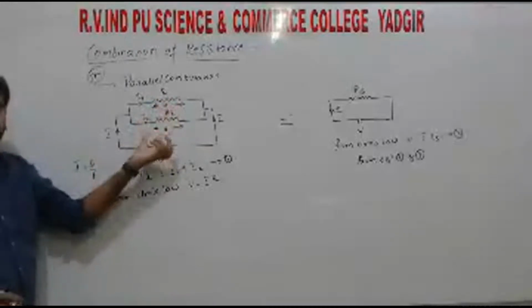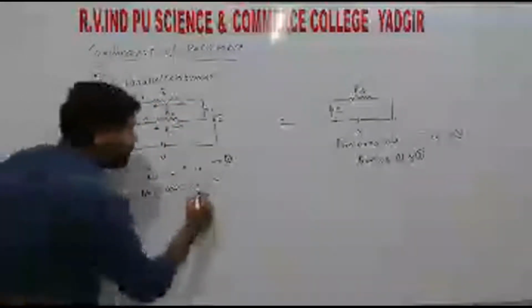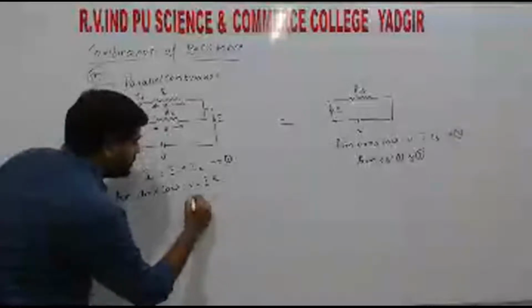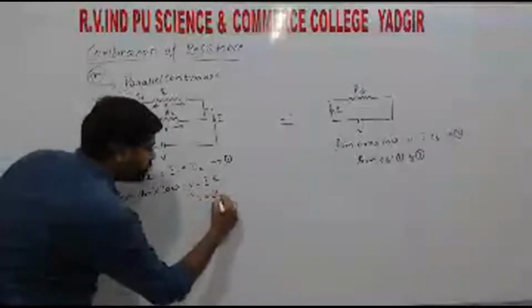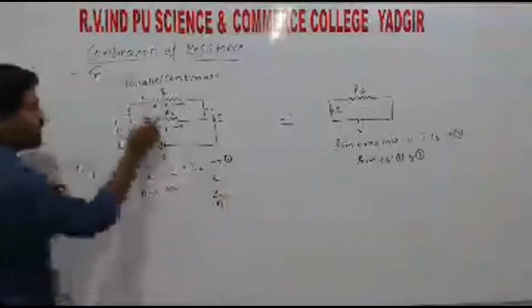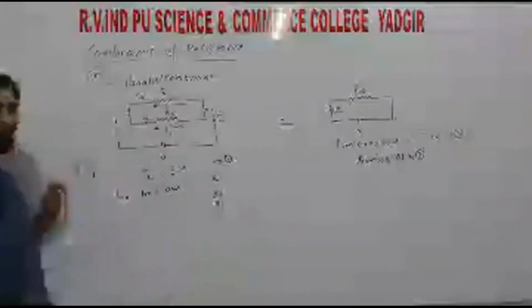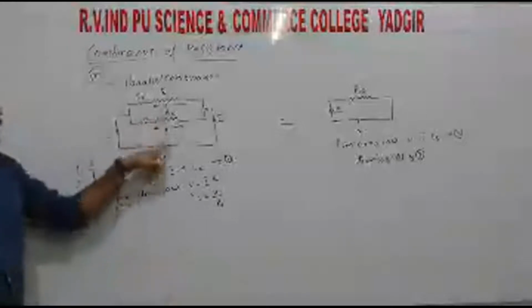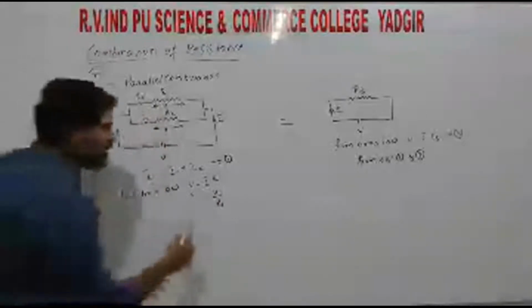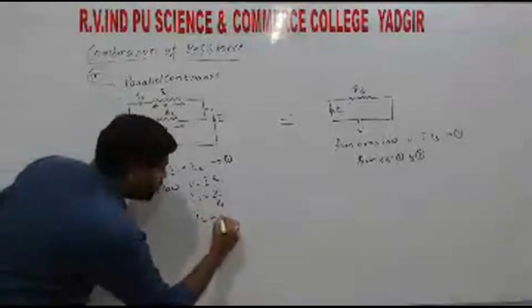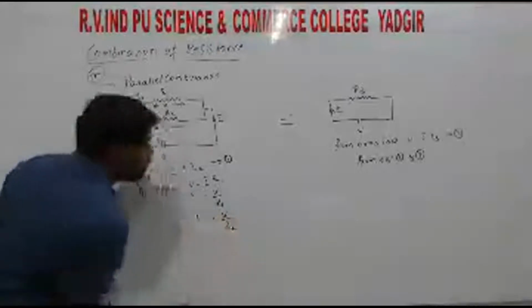Right? So from this we can write current I1 is equals to V divided by R1. That is current which is flowing across R1. I1 is equals to V by R1. So V is same for all the two resistors, right? So next I2 is equals to V divided by R2.